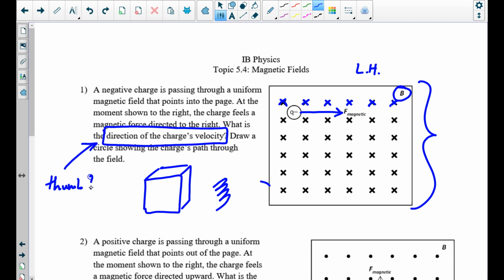So that's the question. Where does our thumb point? All right, what else do we know? Well, our palm has to face with the force. Okay, so my palm would be pointing to the right. And when you hold out your hand like this, where is your thumb sticking? It sticks up. So the velocity of the charge is upward.